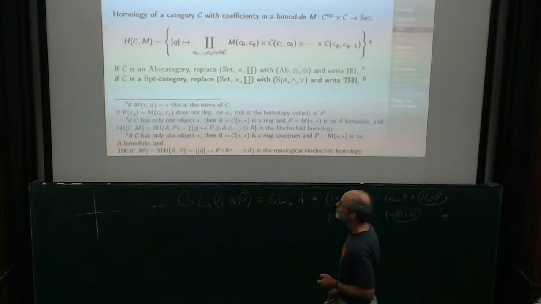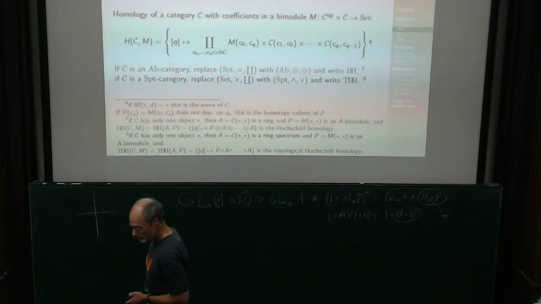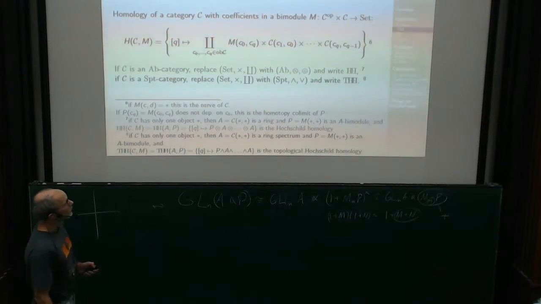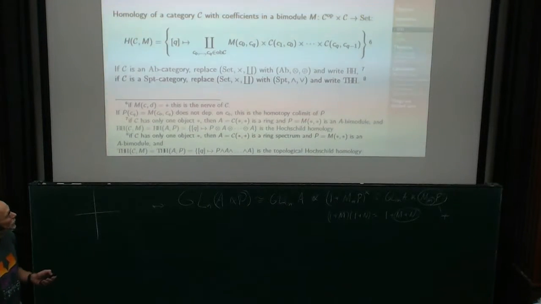And lastly, if C is a spectrally enriched category, where spectrum here can be in any symmetric monoidal category of spectra, then replace sets by spectra, times by smash, and coproduct by pointed coproduct. And then we have THH.